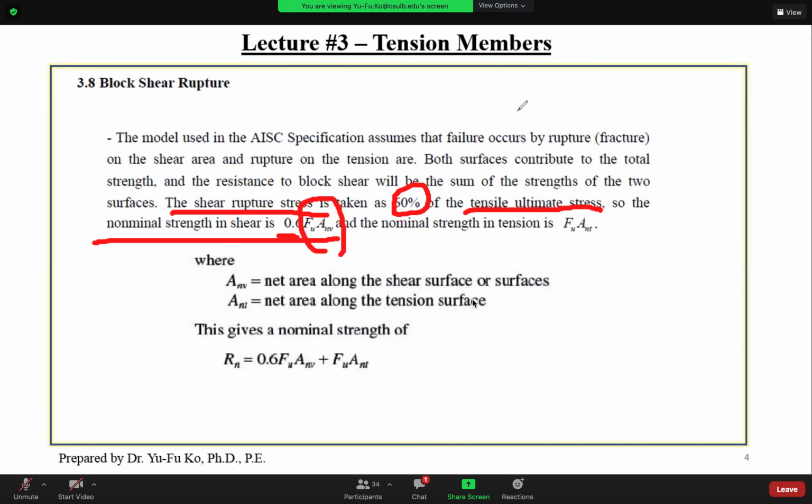Okay, so this Fu times Anv is the tensile ultimate strength times the net shear area. So Anv is the net area along the shear surface or surfaces. We call it Anv. Let me go back to define that for you.